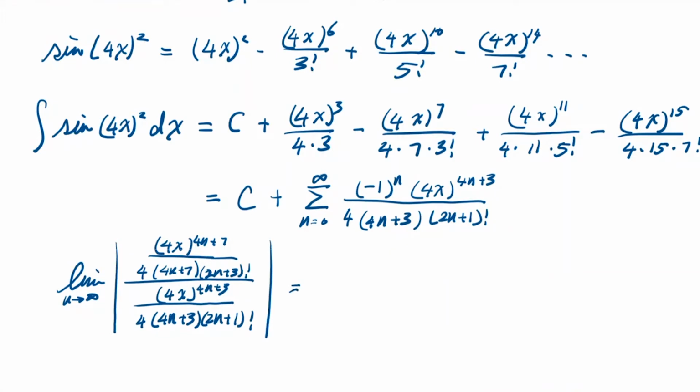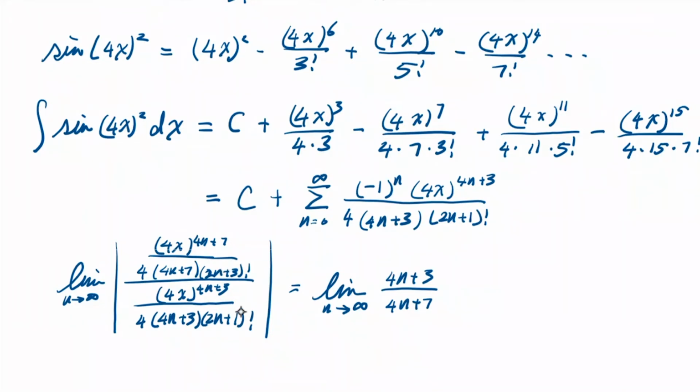Yeah. Okay, let's try to simplify that fraction without losing our sanity. 4's cancel. Can I still do this in daylight savings, right? Okay, I think here is 4n plus 3 and 4n plus 7 to start off. And then 4x term.